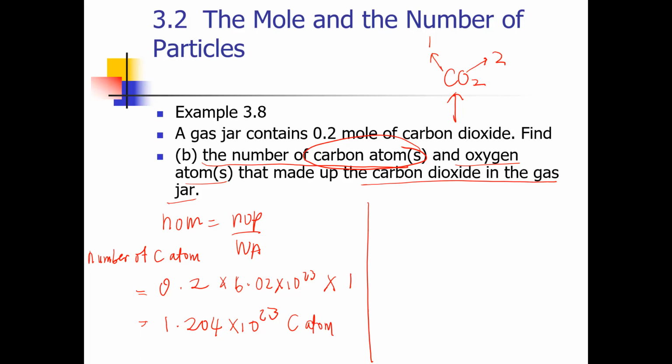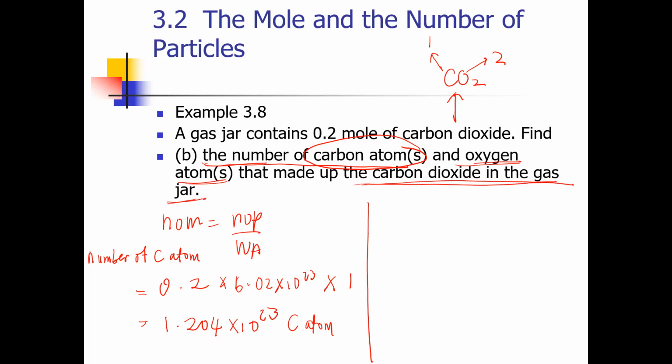Okay. Now, teacher wants to go to the next question. What is the number of oxygen atoms? 2. But you're not answering teacher's question. I said, what is the number of oxygen atoms that is made up in the carbon dioxide gas here?